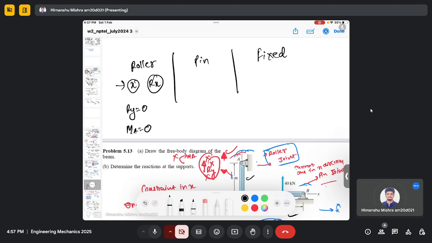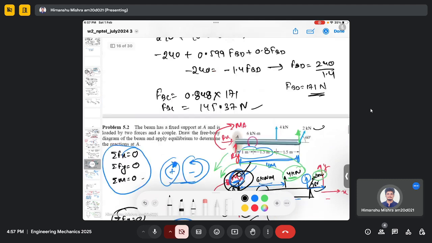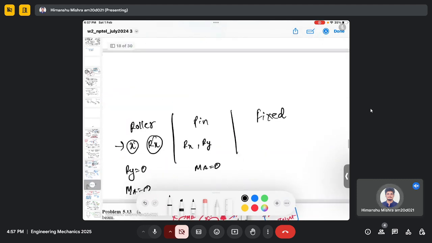In a pin, it cannot move in the x and y directions, so you have Rx and you have Ry. But it can rotate, which means the reaction moment is 0. In the fixed joint that we saw in the previous problem, it cannot move in the x and y directions and also it cannot rotate, which means you have to calculate Rx, Ry and also the reaction moment.